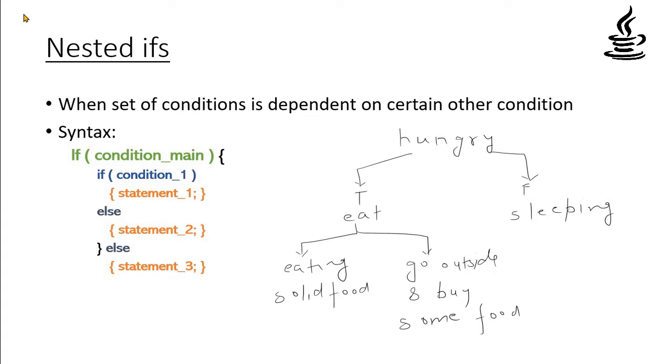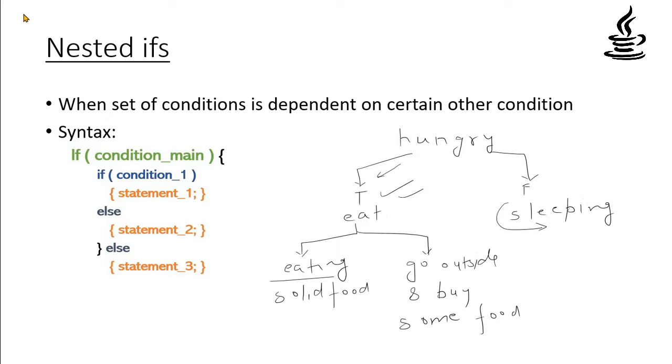If there is anything at home to eat, then we will eat at home, and if there is nothing to eat, then we will go outside and buy some food. But all of these conditions will have any relevance or significance only when we are hungry in the first place. So if we are not hungry, we will just go back to sleeping.